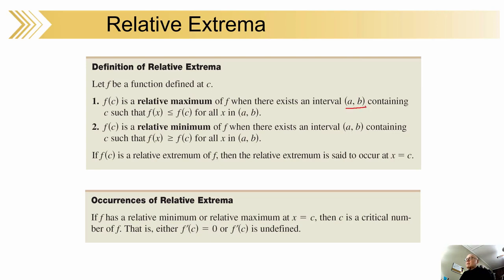So on an interval, c represents some x value, and that c is going to be a maximum in that interval if, when you put c in your function, you get the biggest value anywhere on that interval. Remember, these are y values. This is where you hit the top, so to speak. And this says all the rest are either the same or smaller than that.